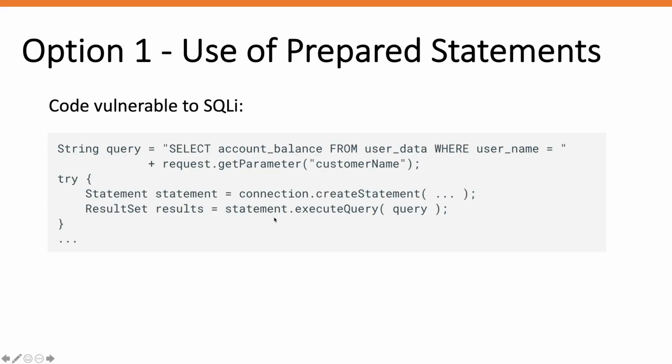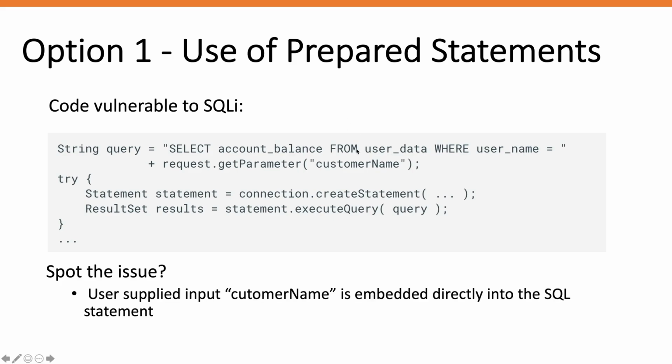So it's defining the structure of the query, and then it executes the query. So do you spot the issue over here? It's a bit obvious. The user supplied input customer name over here is embedded directly into the SQL statement. And so anything that the user adds over here might actually be interpreted as a part of the query.